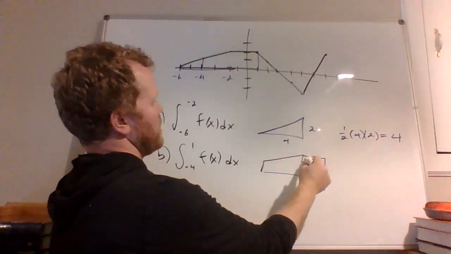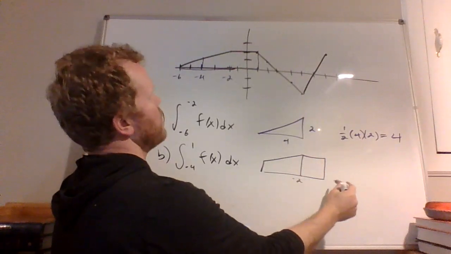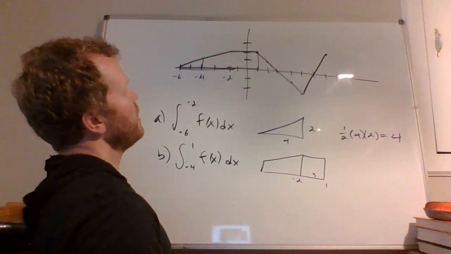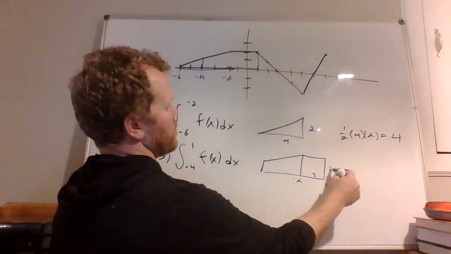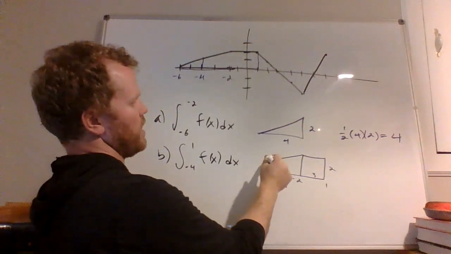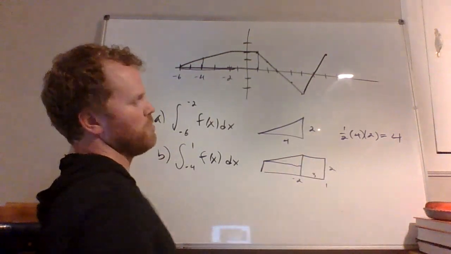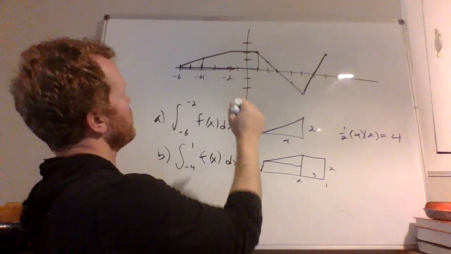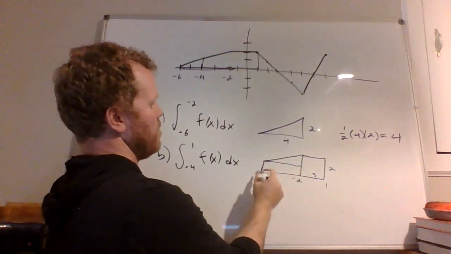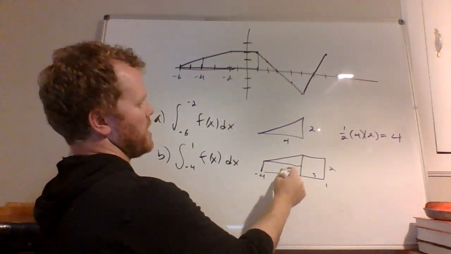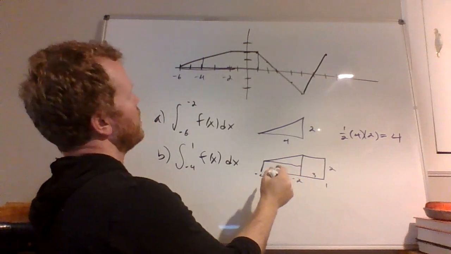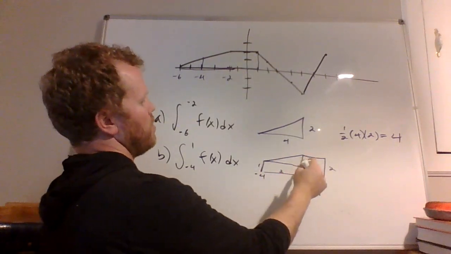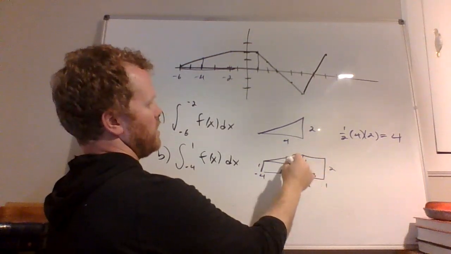This shape is here, where that's -2, and that's 1. So the base of this rectangle is 3, and the height of this rectangle is 2. And then you can either call this a trapezoid or split it up into a triangle and a rectangle. This span goes from -4 to -2. So the base of this rectangle is 2, and the height of this little piece is 1. So this is also 1, and this is also 2.